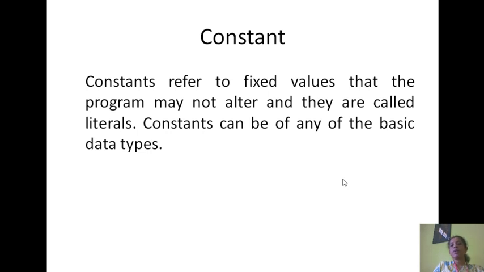A constant may be defined with any one of the basic data types of the C++ programming language. We can declare a constant with the integer data type, with the floating point data type, or with the character data type, or any other like boolean, double, or long int data type.